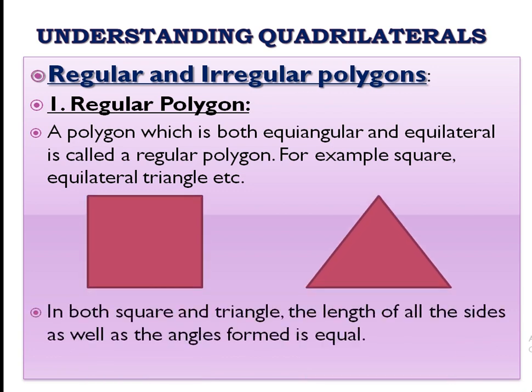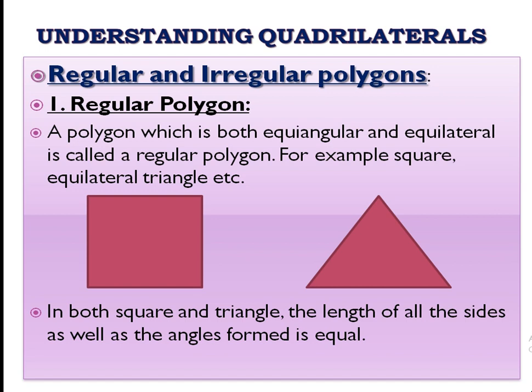In both square and triangle, the length of all the sides as well as the angles formed is equal. In a square, all the angles are 90 degrees, and in the equilateral triangle, all the angles are 60 degrees, and also the sides are the same.